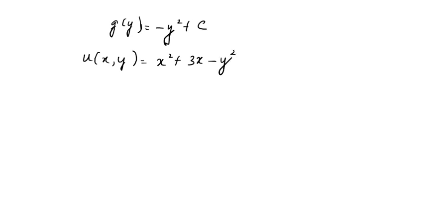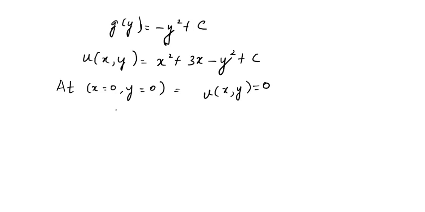y square plus c. Now at the origin, x equal to 0, y equal to 0, you get u of xy is 0. So substituting it, you get c equal to 0. Now at 1 plus i, that is x equal to 1 and y equal to 1, what happens to u, that is the question here.